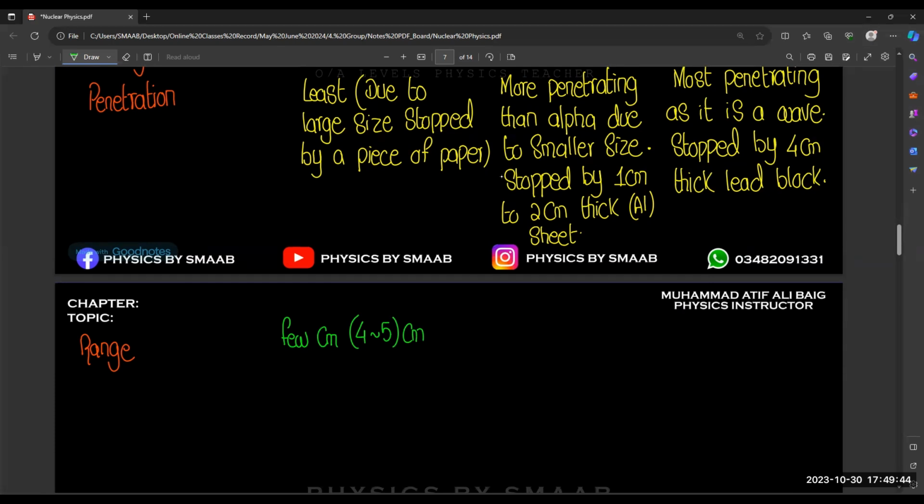And if we talk about the beta, beta particles can move through few meters, 1 to 2 meter maximum. And for gamma, it can easily move through several meters, right? Any confusion?